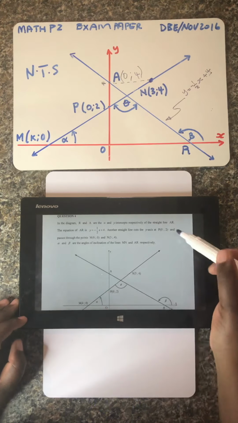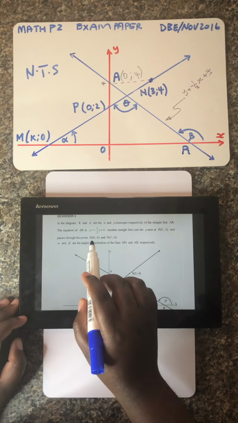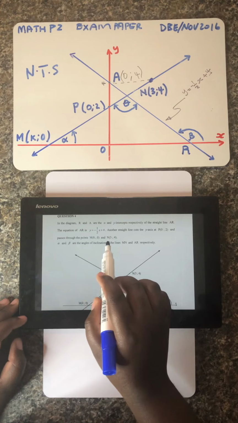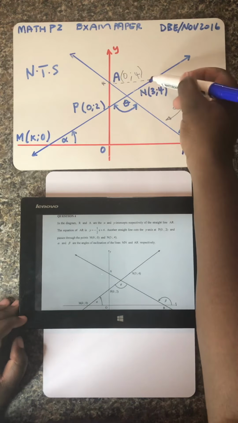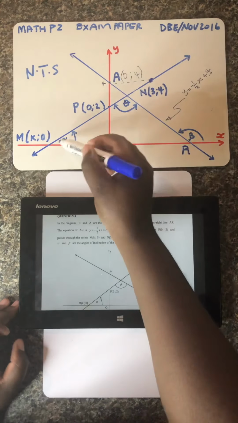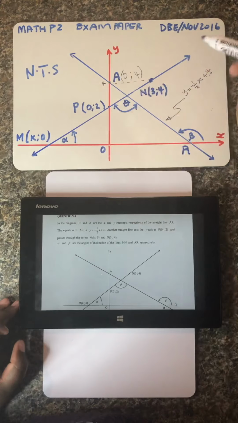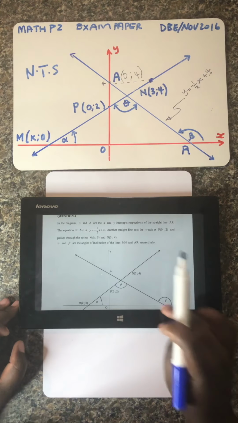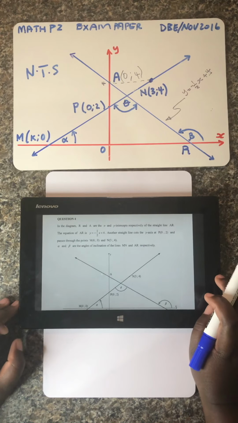So the statement continues and passes through the points M and N. Okay, so this is M, this is N. Okay, so M, P, and N are points along the same line. Okay, so guys, that was not the end of the statement.